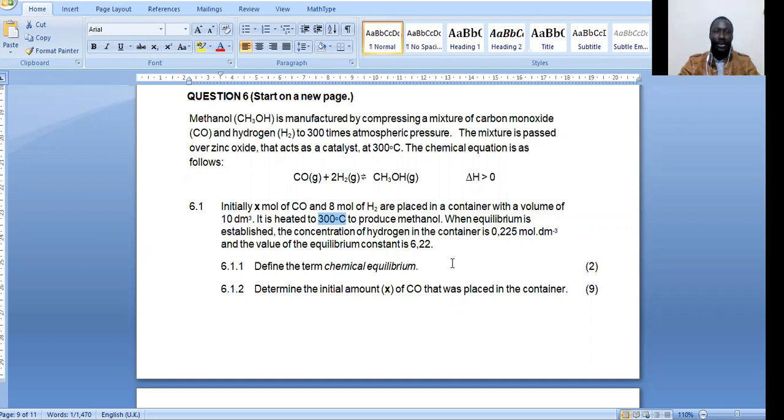Just a suggestion, we have got to discuss this. Say something. It's a better way for you to remember the things that you have read over some time. So just say out what you think chemical equilibrium is.